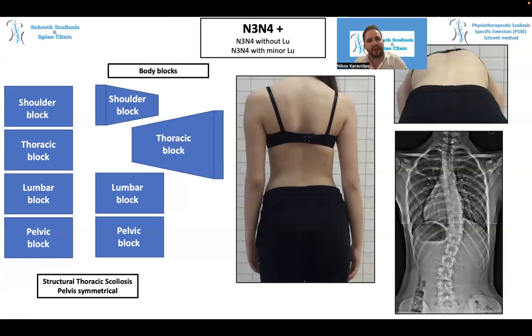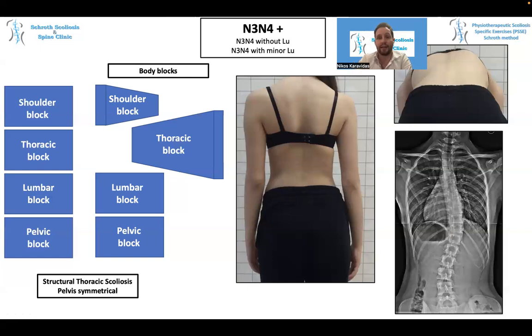For Schroth ISST and Schroth Best Practice, this would be considered as main thoracic curve. So in every exercise, they will work with overcorrection. But what could be the problem with that? The problem is, if in every exercise you try to overcorrect the main thoracic curve, you have probably the possibility to develop a pelvic asymmetry.